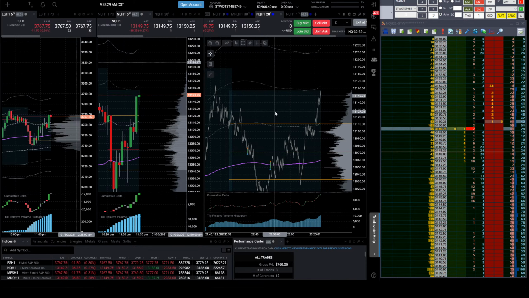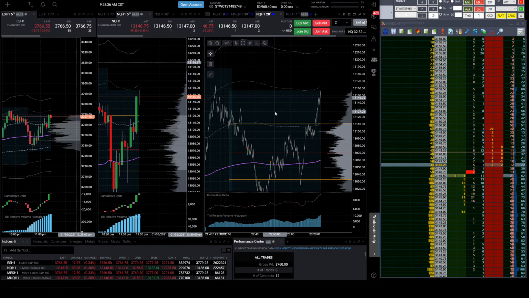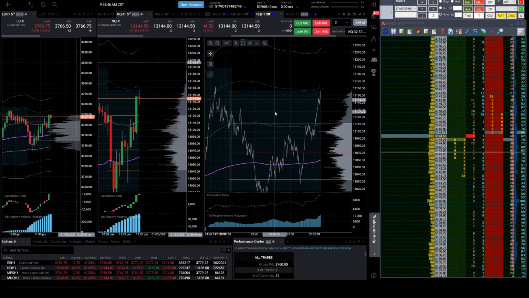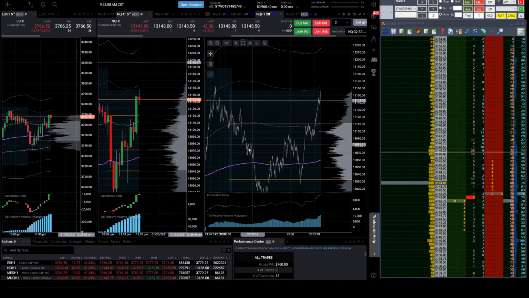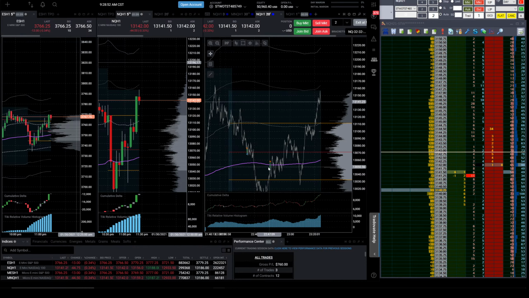So we've taken 3 trades on the day, starting around the Asian London crossover, the London Open, then a little bit later in the London session, and two trades here in the regular trading hours session.